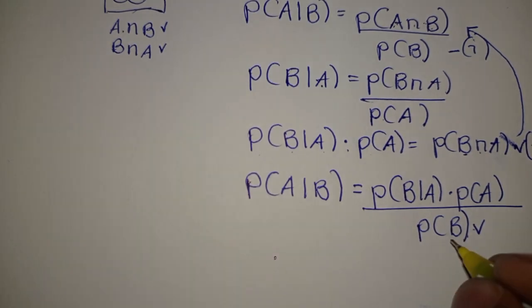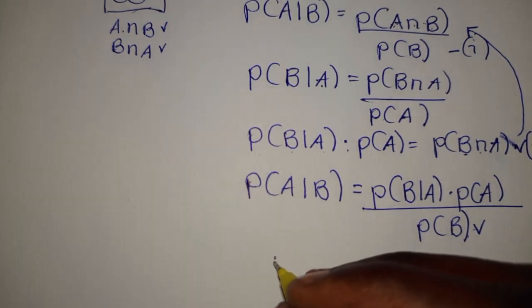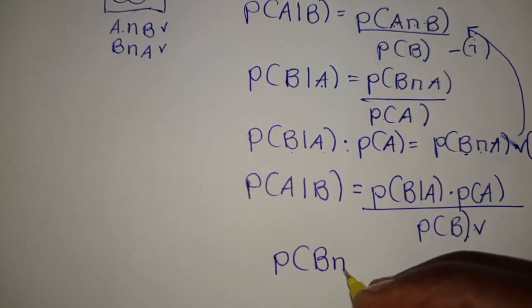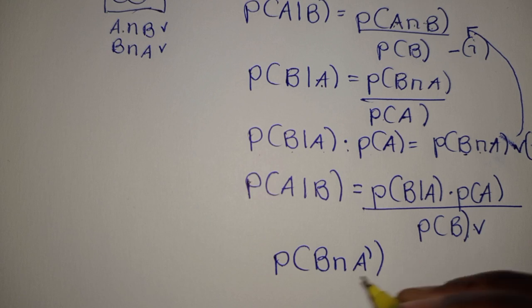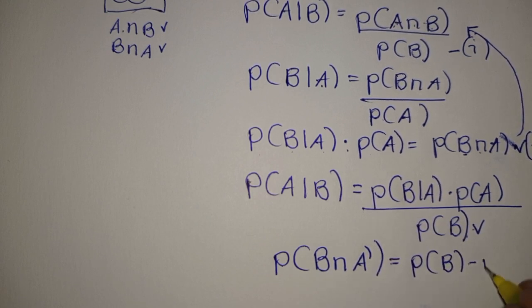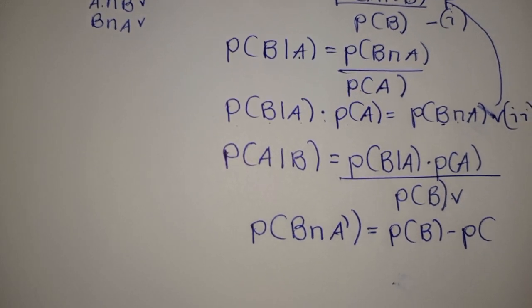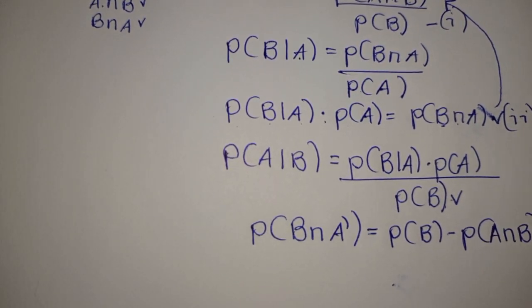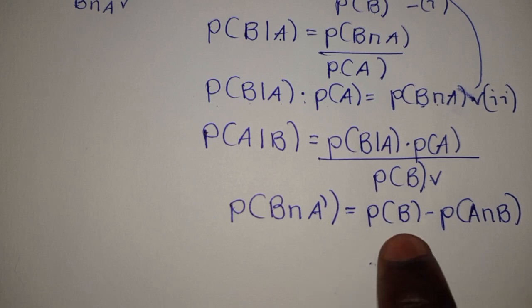For you to be able to find the probability of B, the probability of B is found by the probability of B intersection A complement, which is equivalent to the probability of B minus the probability of A intersection B. So this is what we have when we want to deal with this.